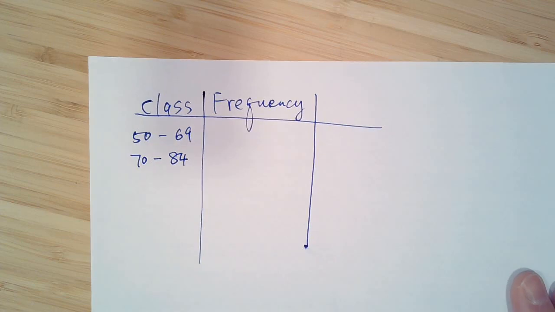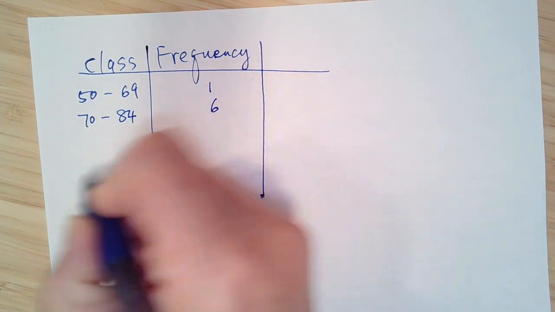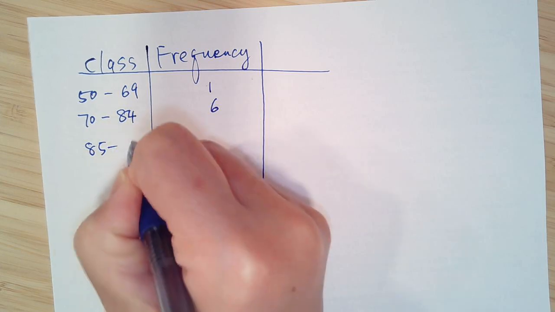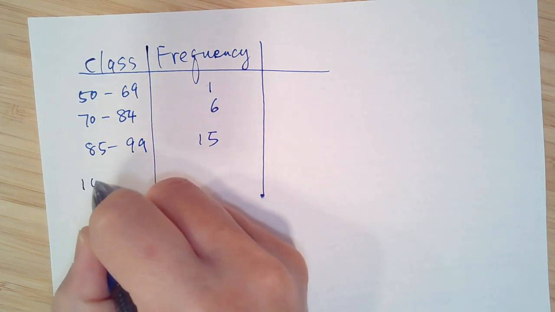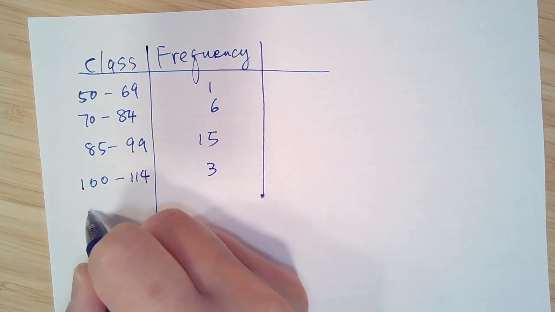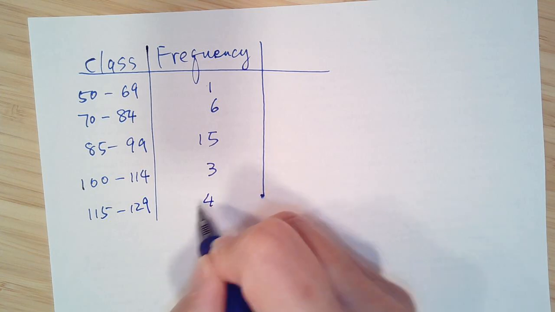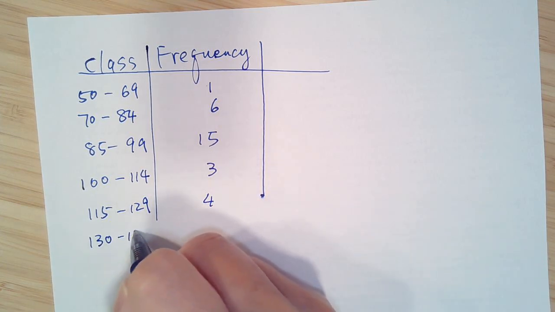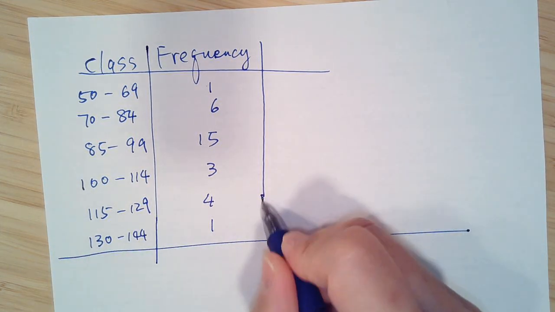I just copy it. So there's nothing really magic. So there's 1 and a 6, and 85 to 99. I have a 15, and 100 to 114, and I got a 3, and 115 to 129, and I have a 4, 130 to 144. That's 1. So I put here, total.